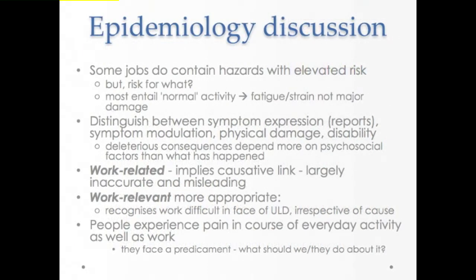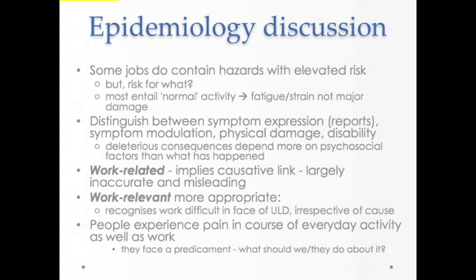The epidemiology also tells us quite a lot about the relationship between health problems, injury, and symptoms. Of course, some jobs do contain hazards with elevated risks, but the question is, risk for what? Is it for symptoms? Is it for injuries? Is it for something more serious? We do know that most jobs entail normal types of activities that produce both fatigue and a sense of strain, but not major damage.